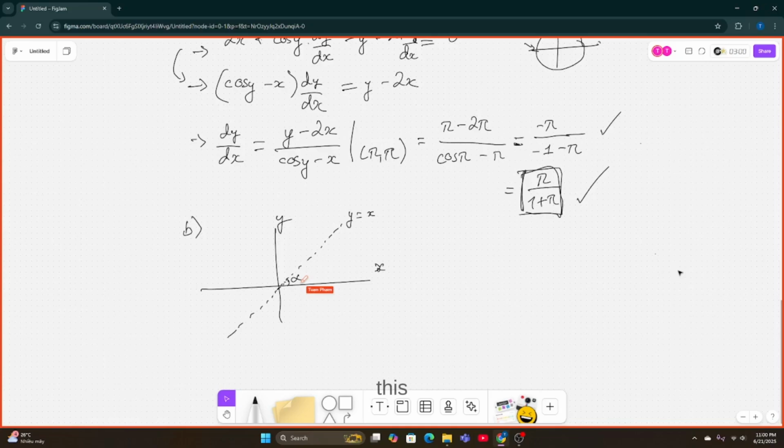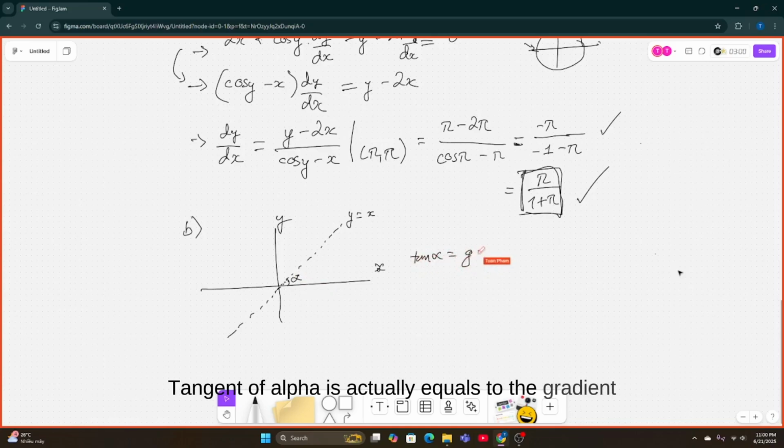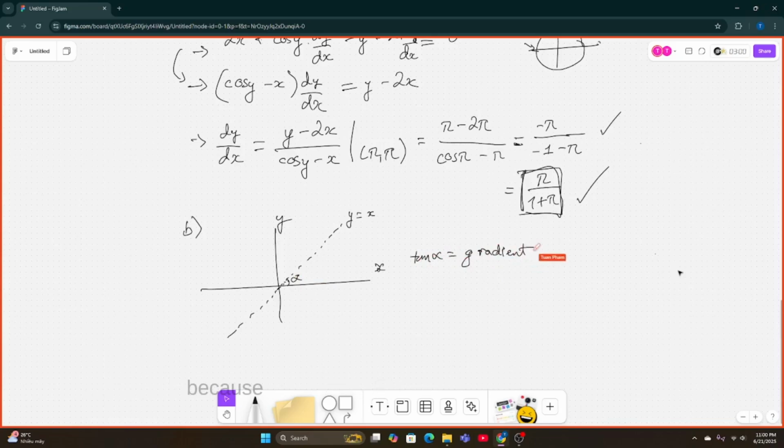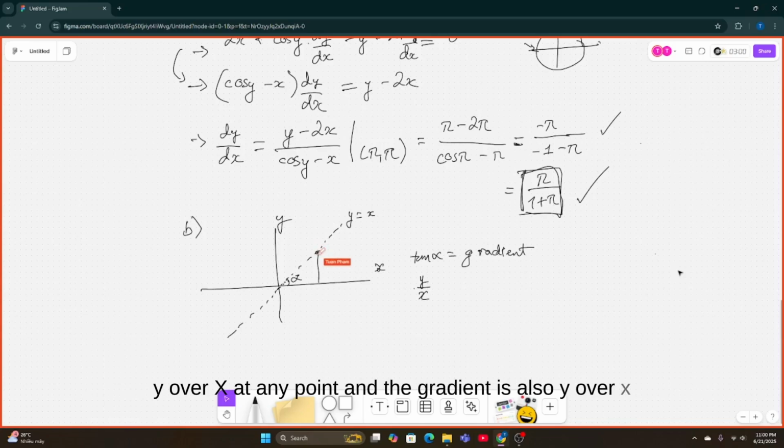Then tangent of alpha is equal to the gradient of the line, because for any point, tangent alpha is y over x, and the gradient is also y over x.